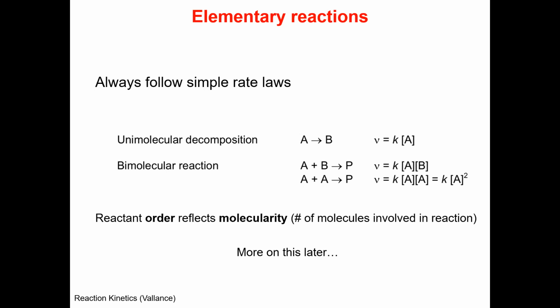If it is 1, it is unimolecular. If the reaction order is 2, it is bimolecular. So you see, these are 2 examples of bimolecular reactions, because the second and the third, this one and this one, are all bimolecular. Why?